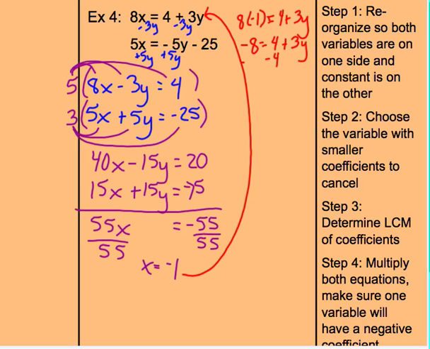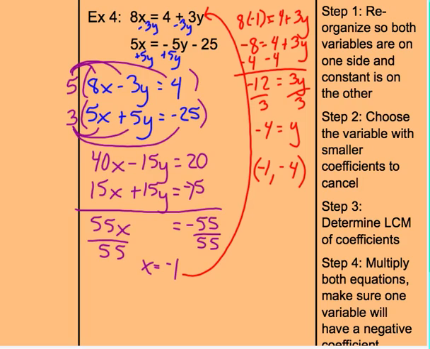Subtracting 4 from both sides, we get negative 12 equals 3y. And dividing both sides by 3, we get negative 4 equals y. So my ordered pair solution is my x-coordinate is negative 1, y-coordinate is negative 4.